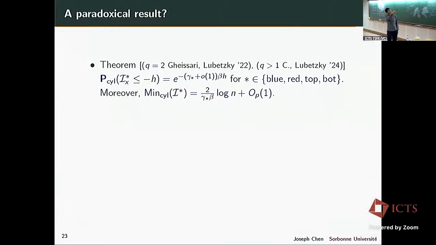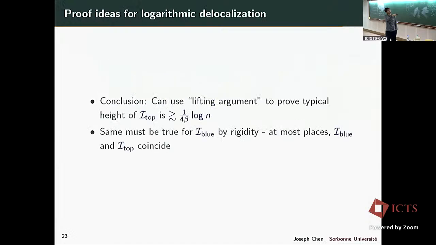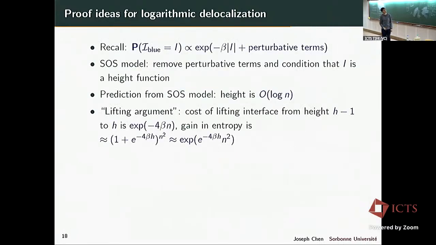What I want to say is this previous realizing these drops by 4 beta h directly gets you this 1 over 4 beta log n, right? Maybe if I go all the way back here, this is just plugging in e to the minus 4 beta h, plug in the e to the minus gamma beta h. And this gets you directly what h should be, the constant before the log n for h.